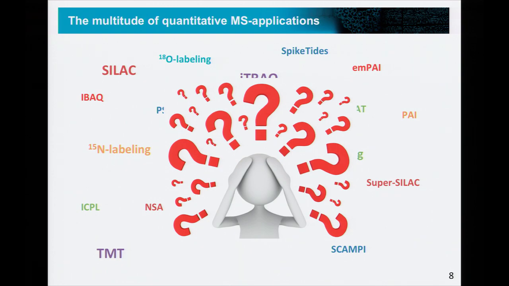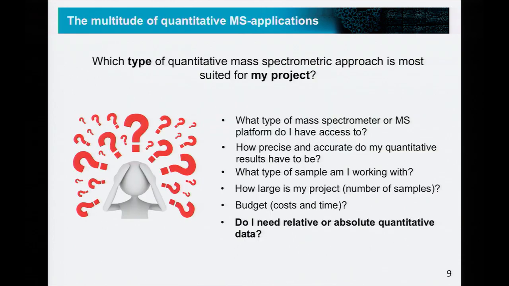And of course, it's not the scope of this presentation to go through all of these different approaches and tell you what's the advantage or the disadvantage. But nevertheless, you can ask yourself a few questions at the beginning of every project, and these questions define in which direction your specific approach should go. For example, it will depend on the type of mass spectrometer or MS platform that you have access to, whether you can do a targeted experiment or shotgun, or what will be the mass spectrometry that you will use.